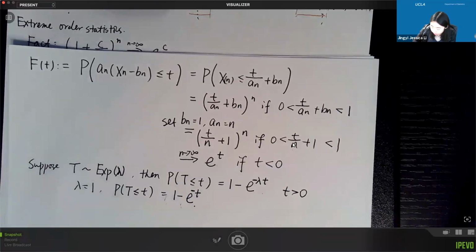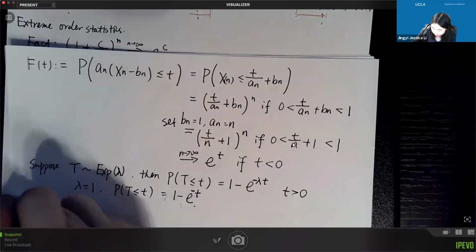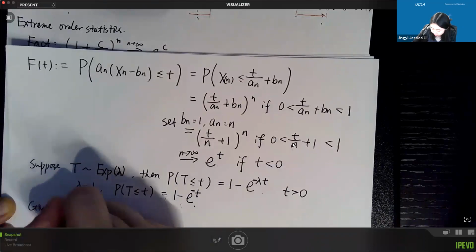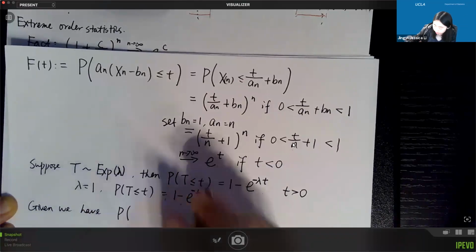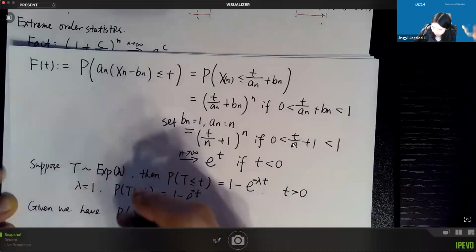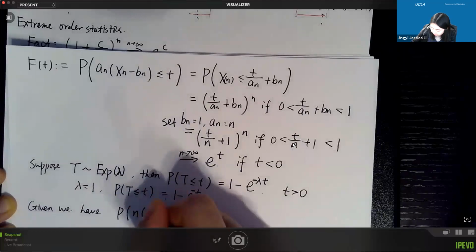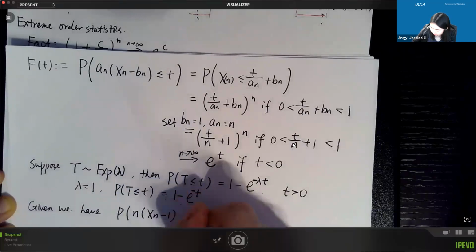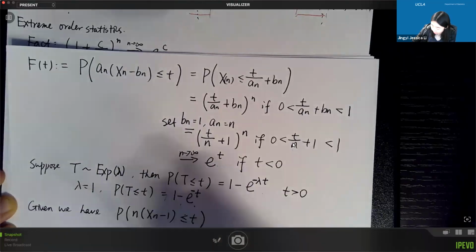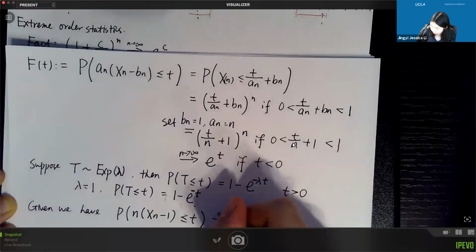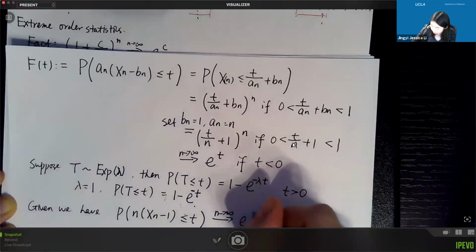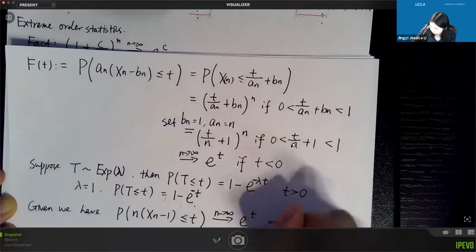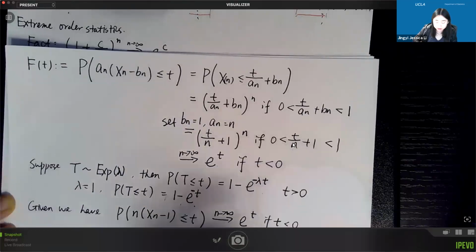So in other words, given that the probability that An is n, and Xn minus 1 is less than or equal to t converges to exponential t for t negative, right?